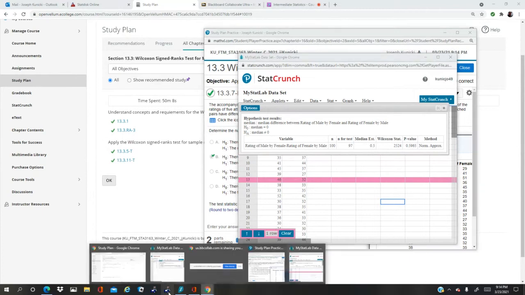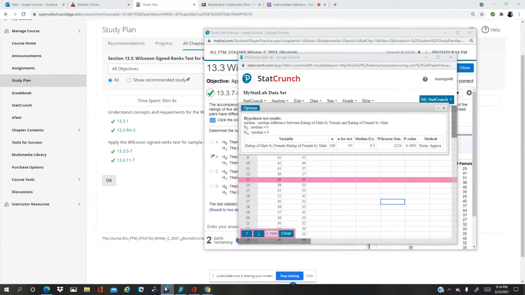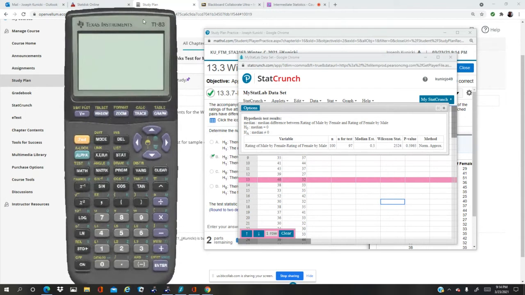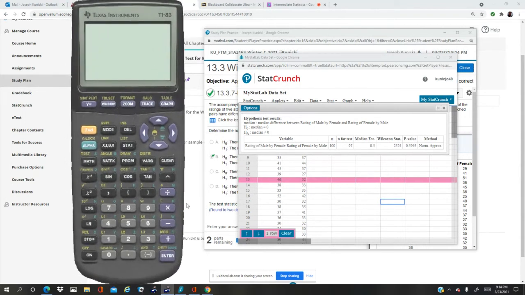So what I do is I open the calculator, and I want to know the sum of the 97 rankings, because the rankings for the positive and negative have to add up to the rankings for all of the numbers. So that's N times N plus 1 divided by 2, so 97 times 98 divided by 2. The total of all the rankings is 4,753.